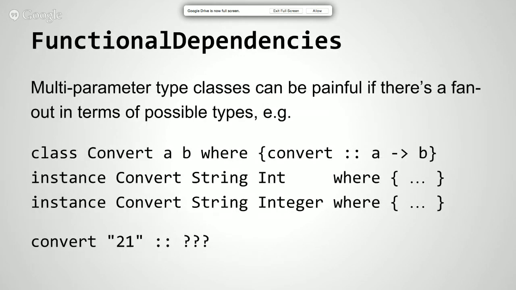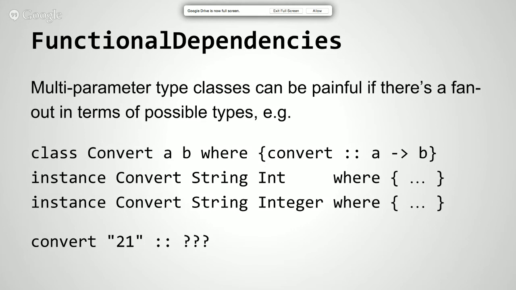Now, one of the problems with multiple parameter type classes is that if you have a fan out in terms of your possible types, you can get a combinatorial explosion, as with relational joins, because your type classes become relations when you have multiple parameters.